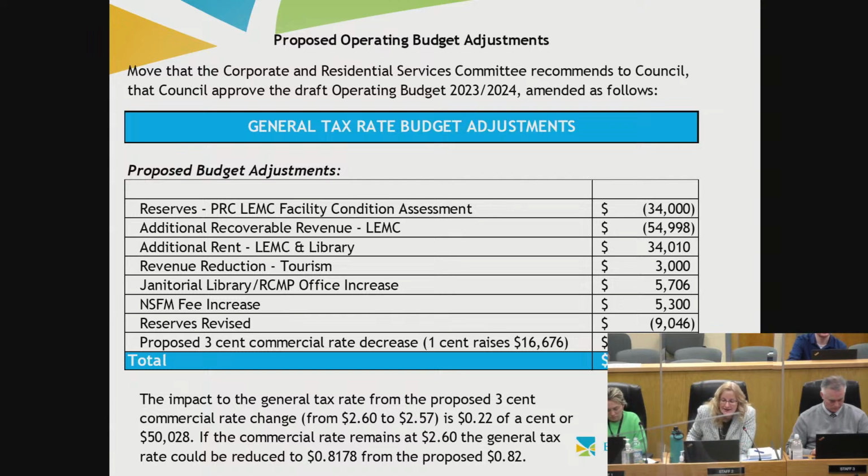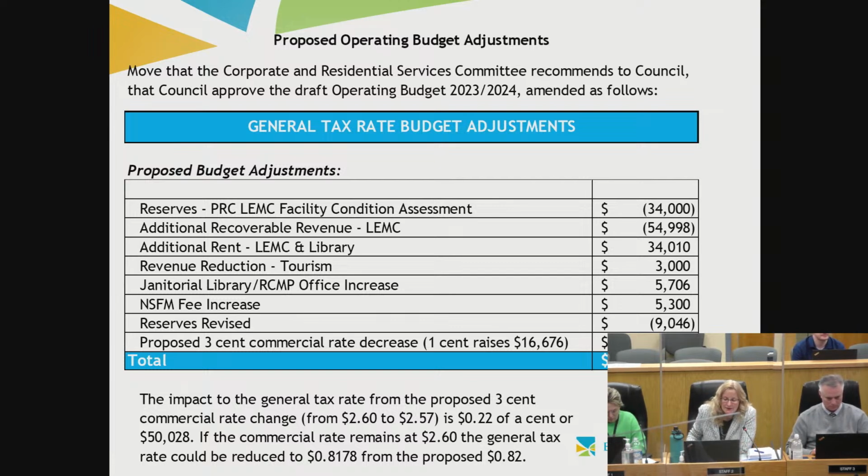Having said all of that, if we were to move forward with all of these recommended changes, then there would be the potential to use the savings towards a 3 cent commercial reduction if council chose to go that route.